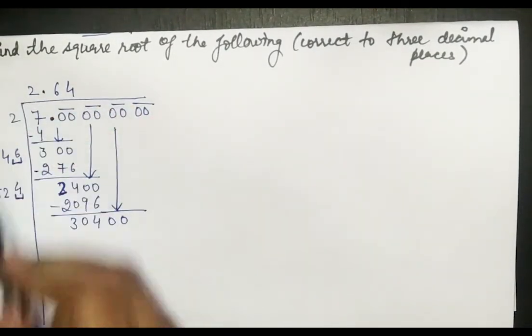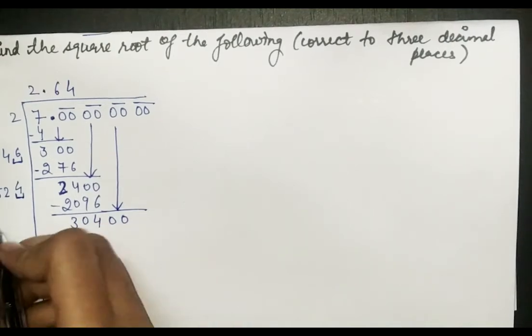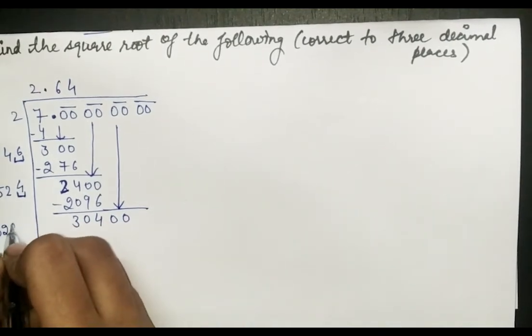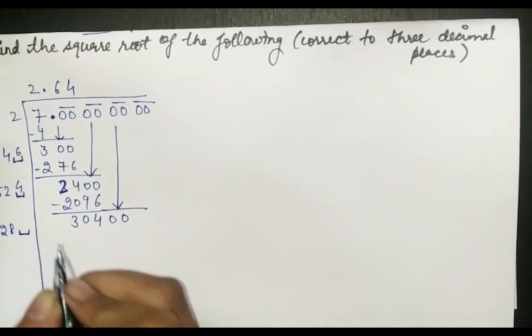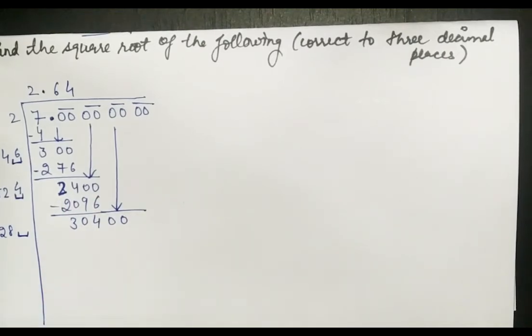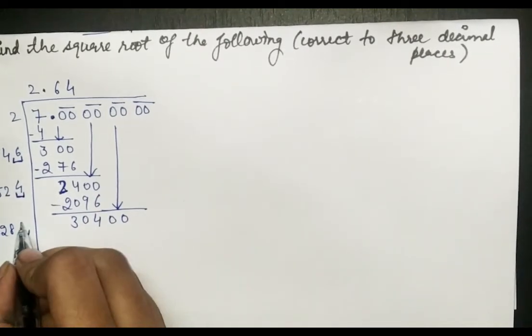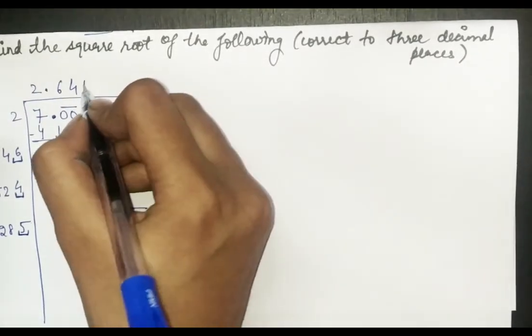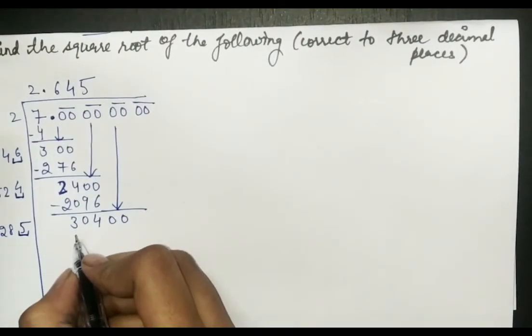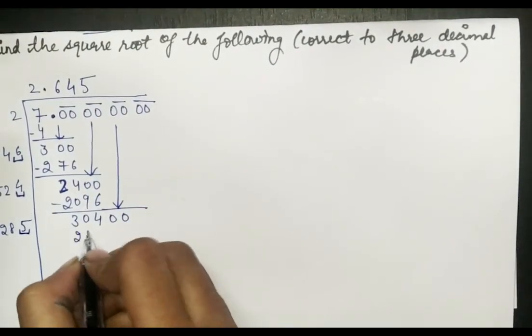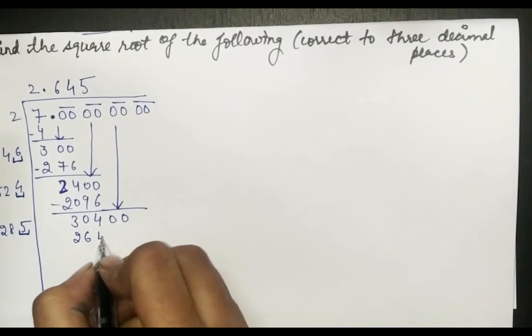Now the double of 264, that will be 528, and then we want one number so that this will be completely divisible or shorter than this, so that will be 5. So 5, and that will be 2645.